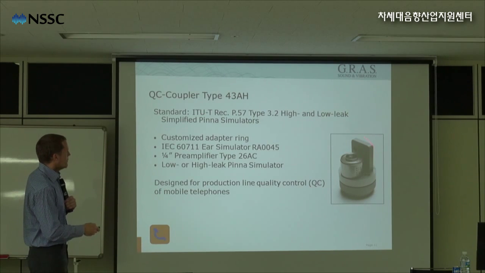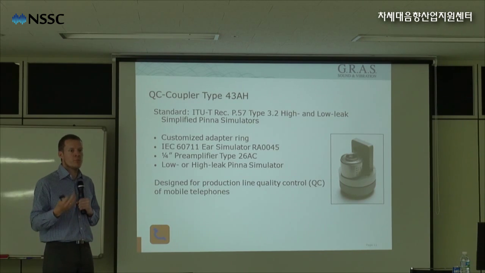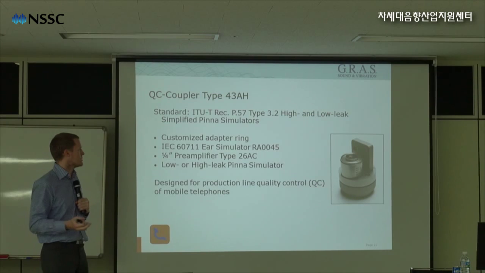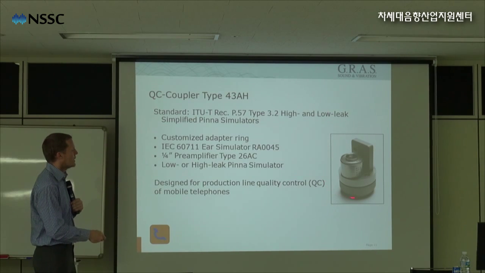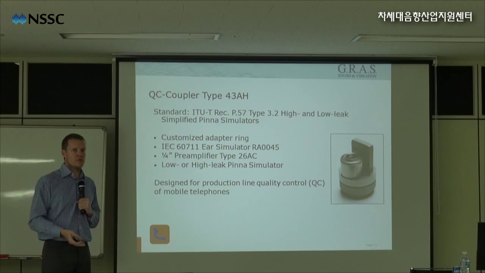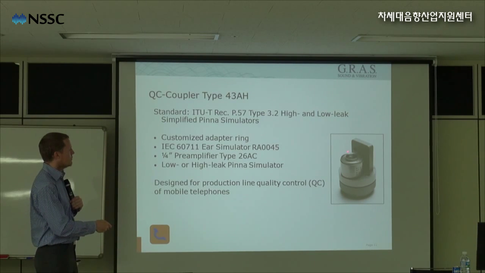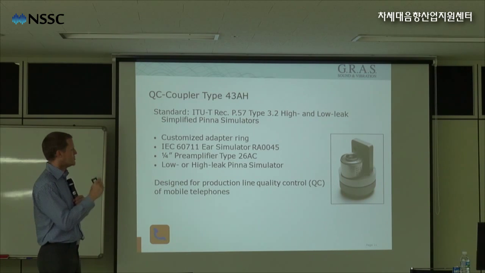We also have a QC coupler. This is a 711 coupler, which is built for production test. So if you have a production line where you have some equipment that needs to be tested, it could be telephones, where you have a need for fast testing of the telephone speaker.